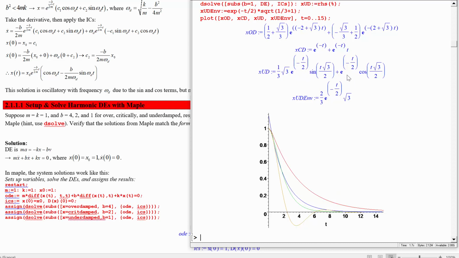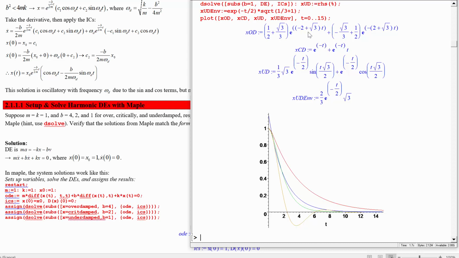That is not as fast as the negative t decay of the critical damping, and the negative t decay of the critical damping is also faster than the exponent here. So this is not as large of a number as this one.